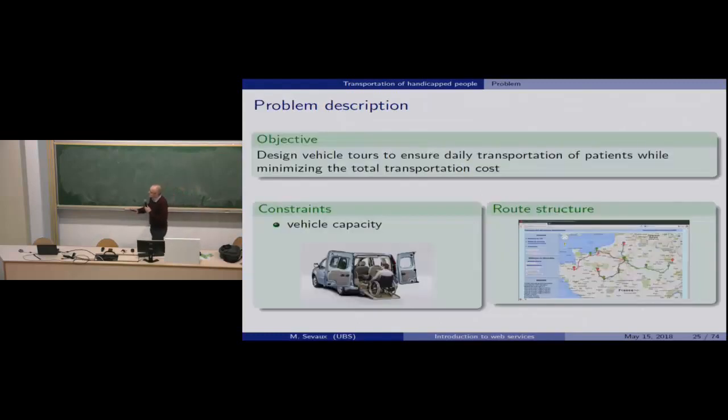So the objective we have in solving this problem is to design a vehicle tour to ensure the daily transportation of the patients while minimizing the total transportation cost. So we have the vehicle capacity as constraints, and as I mentioned, the vehicle capacity is up to a maximum of 6 patients per vehicle.